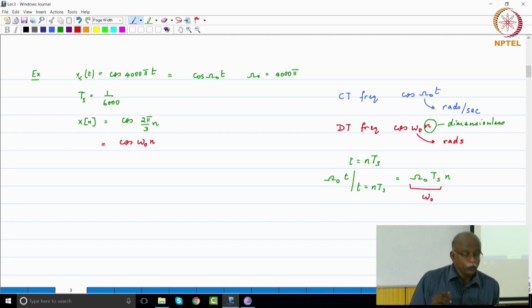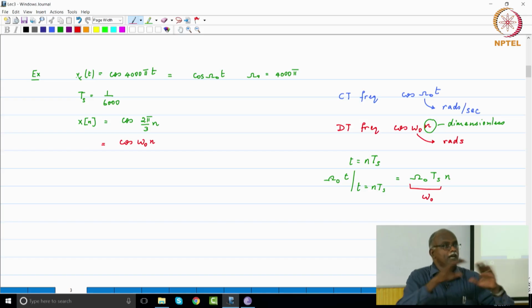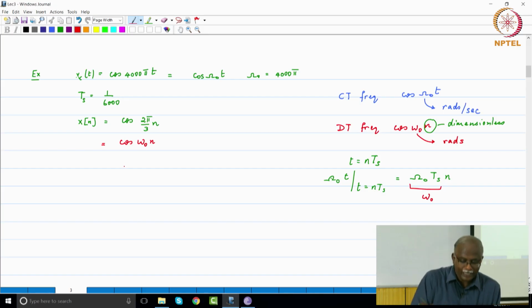So, the general overarching relationship between frequency in continuous time and frequency in discrete time is actually embedded in this example. I just wanted to highlight that.